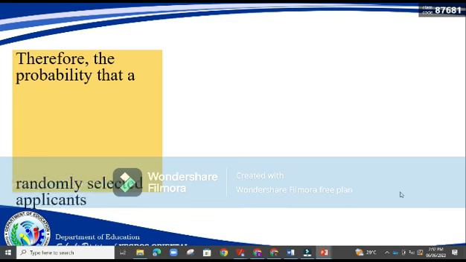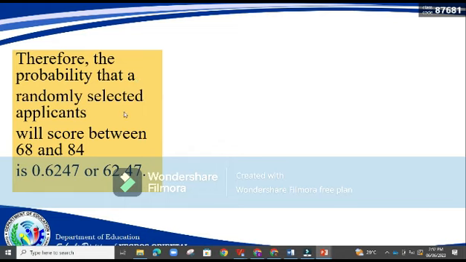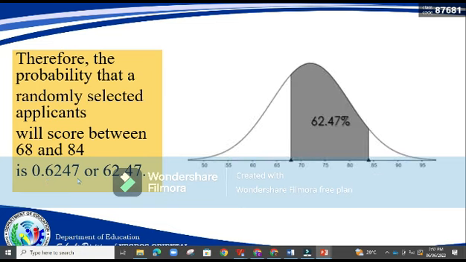Therefore, the probability that a randomly selected applicant will score between 68 and 84 is 0.6247 or 62.47%. So this is now the answer and this is now the graph. So far so good.